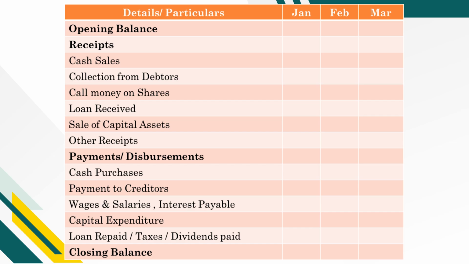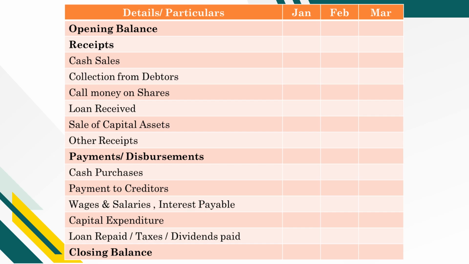What are the receipts that are considered? The most common is cash sales, any kind of amount that has to be collected from the debtors, call money on shares, loan received, sale of capital asset, and other receipts.